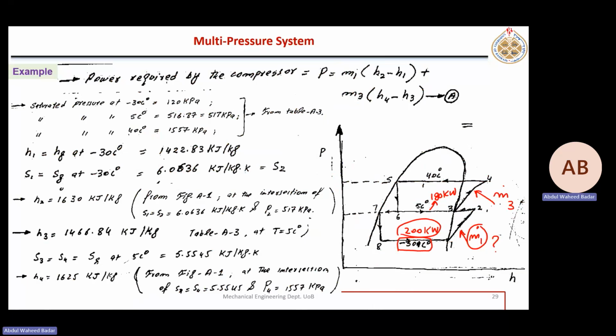If you are preparing for test 1 on Monday, then you should know how to calculate mass flow rate.